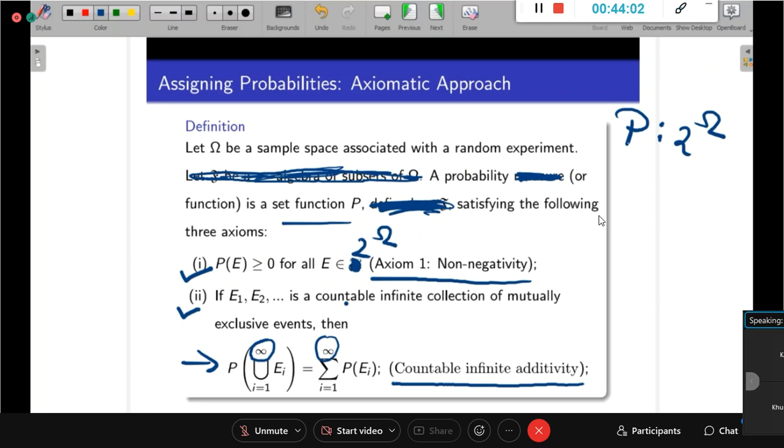Mutually exclusive events means that you take any pair Ei and Ej, their intersection is the null set phi whenever i is not equal to j. You take any two, they are going to be phi, the null set.